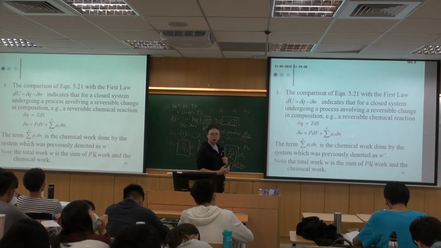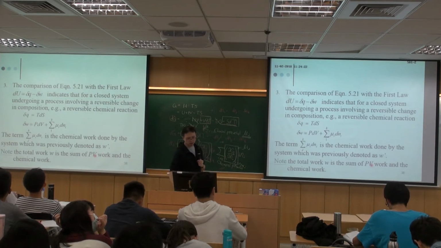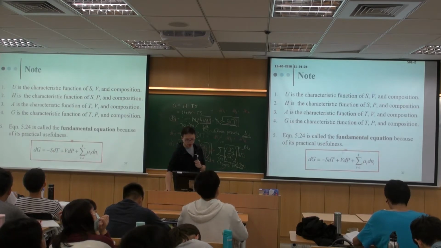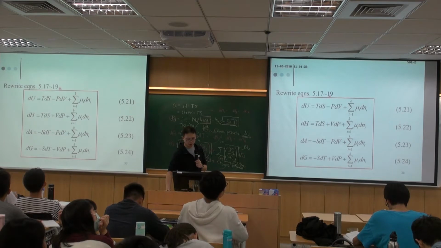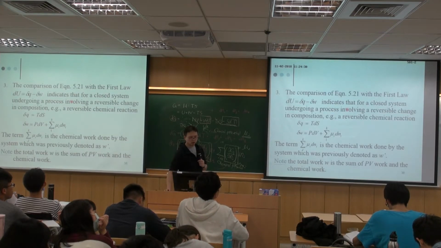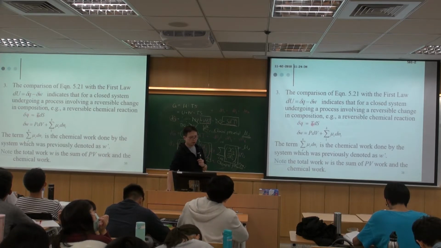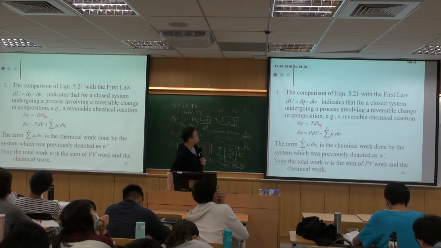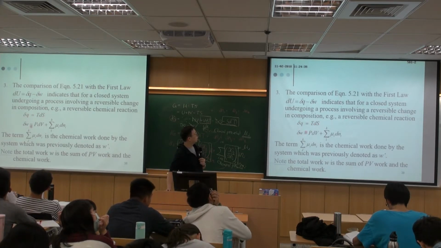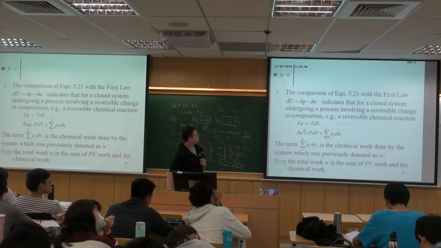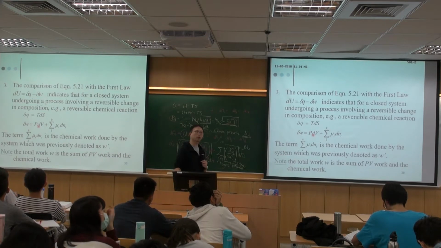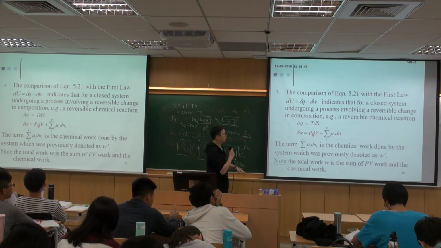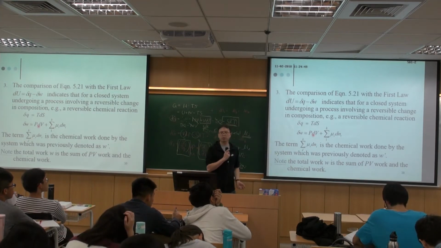And the comparison of this equation to the first law will give us that the delta Q is, of course, correlated to TdS, but the work, delta W here, is actually related to, first of all, PdV, so it's very natural that we have the PdV work, and then we have the chemical work.